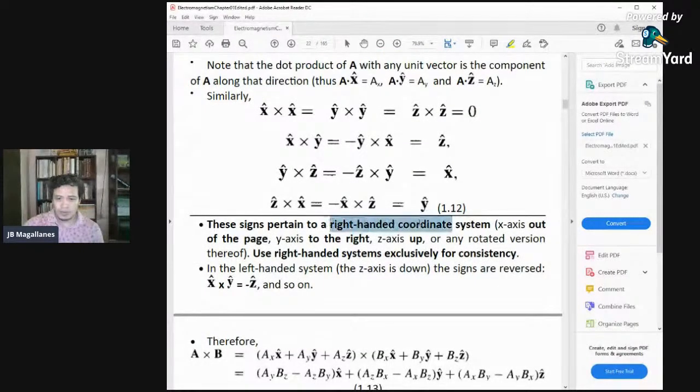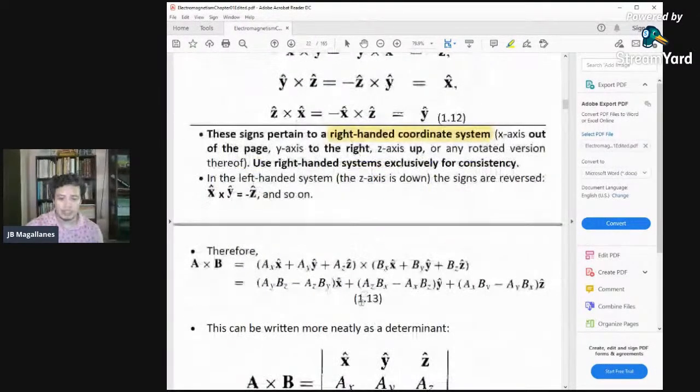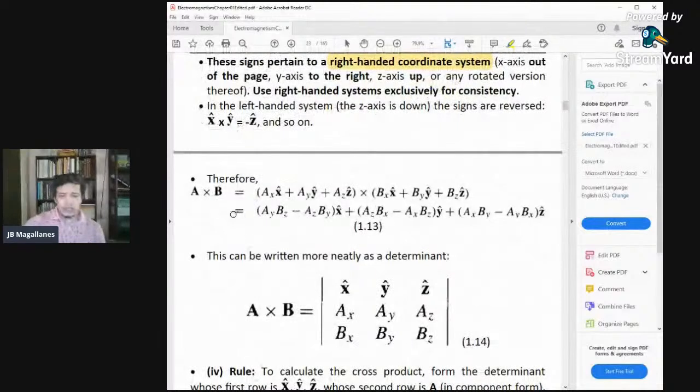In this lecture, we always use the right-handed coordinate system. So if you want to get the cross product between one vector and another, you can write it this way. This is the three components of the first vector, and this is also the three components of the second vector.